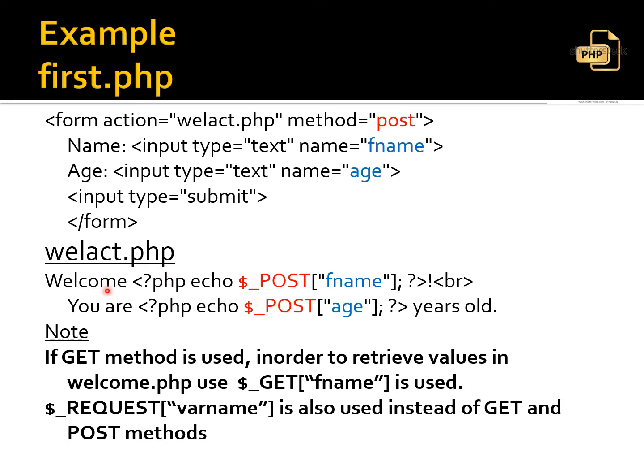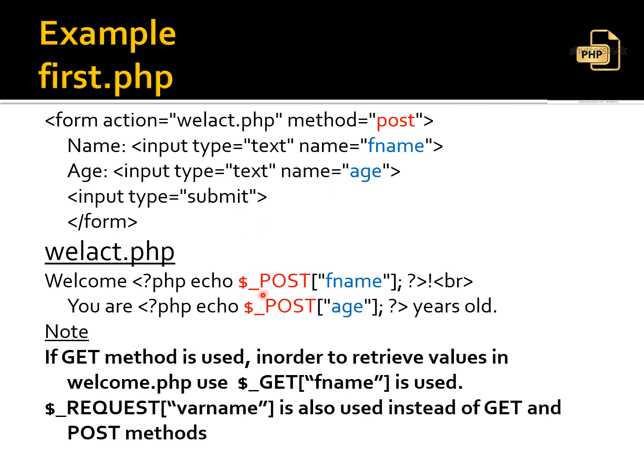So here, Welcome. Then we start the PHP tag. Inside the PHP tag, echo $_POST of fname. Here, fname is a component in the initial page, that is first.php, and the data in fname will be posted when the button is submitted.